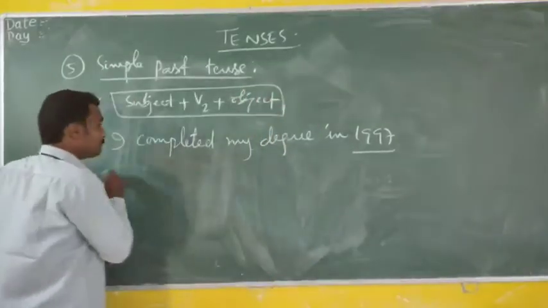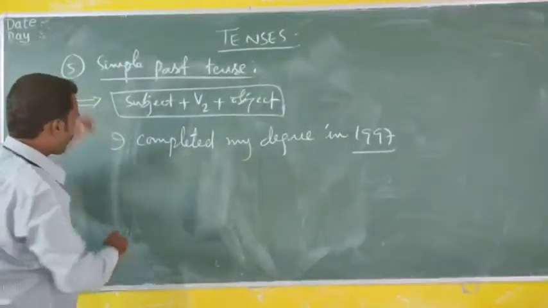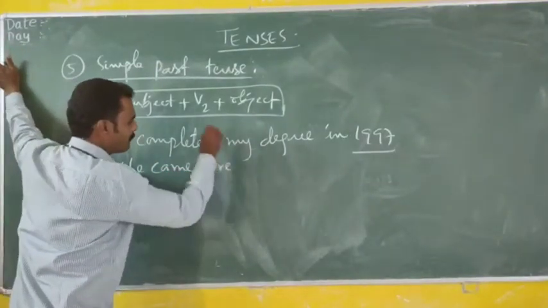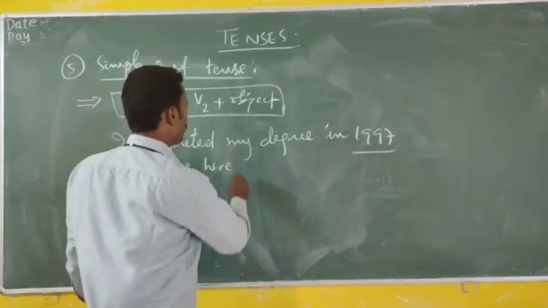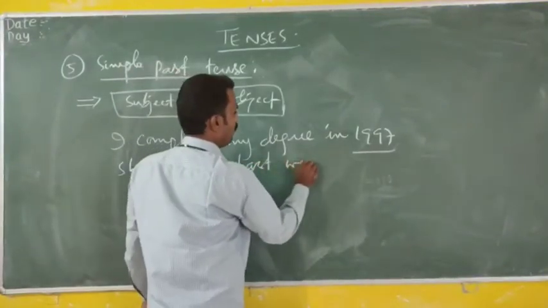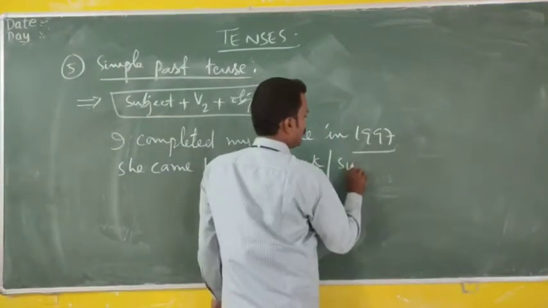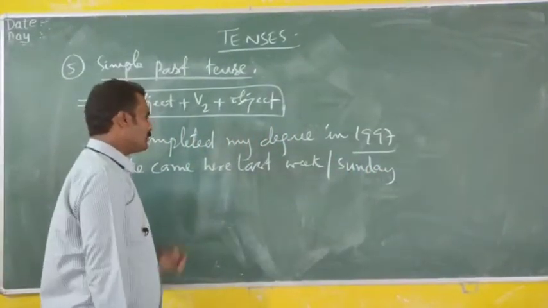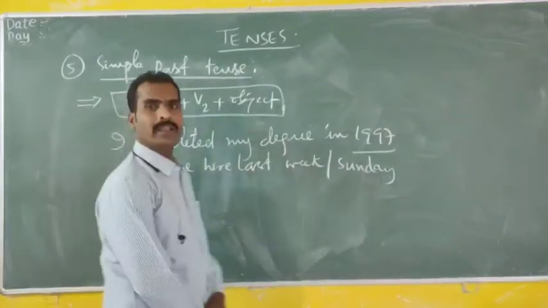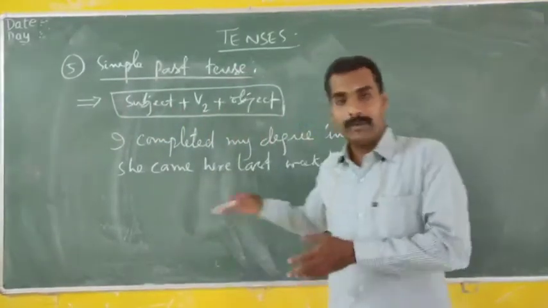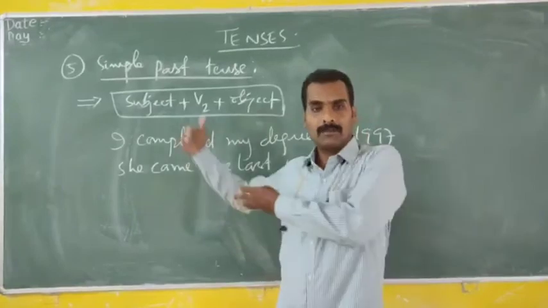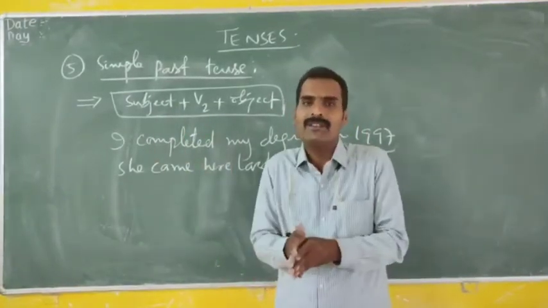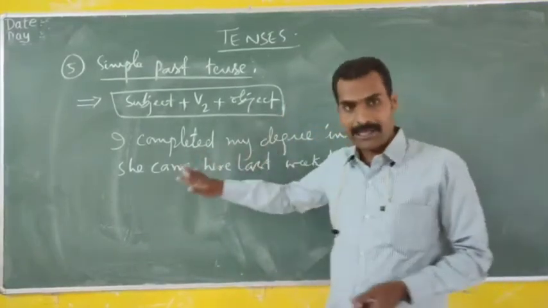Similarly, she came here last week or last Sunday. అంటే ఆమె ఇక్కడికి పోయిన వారం వచ్చింది, లేక ఇంతకు మునుపు వచ్చింది. So this is a past action.